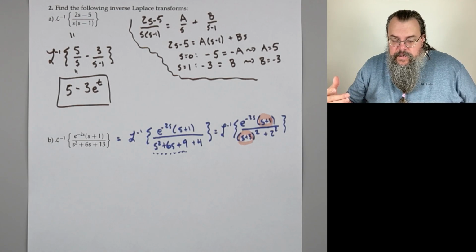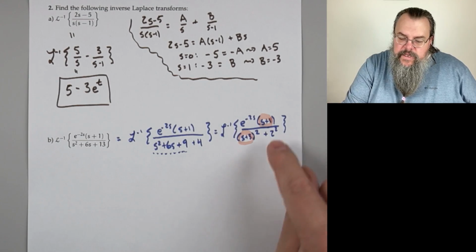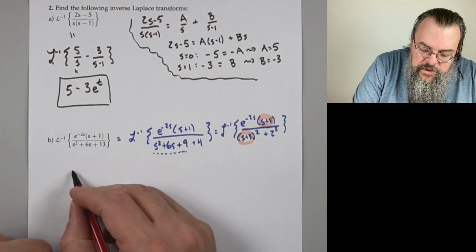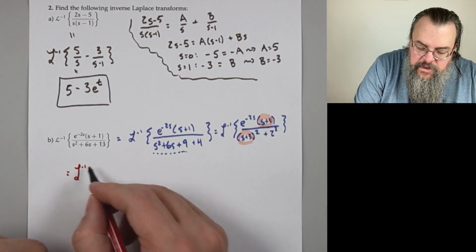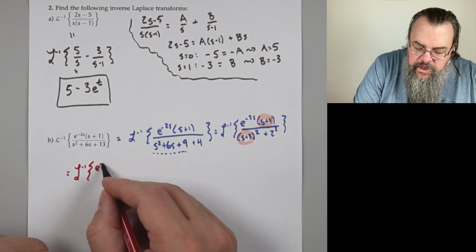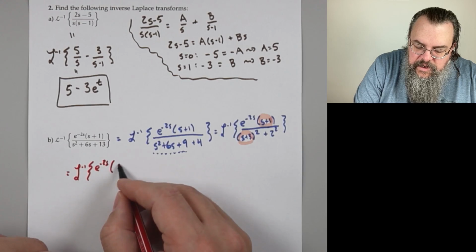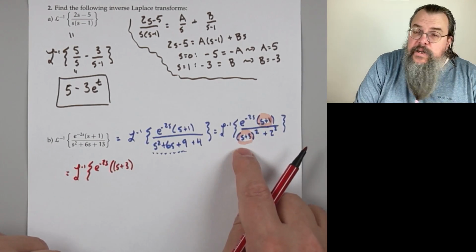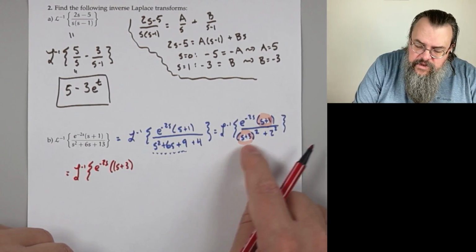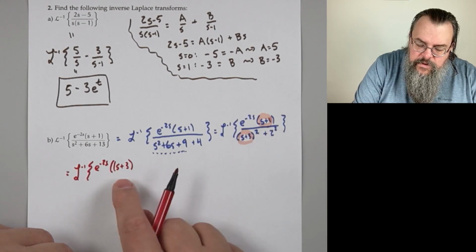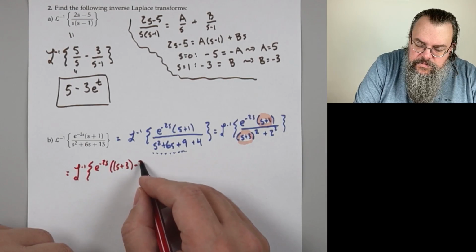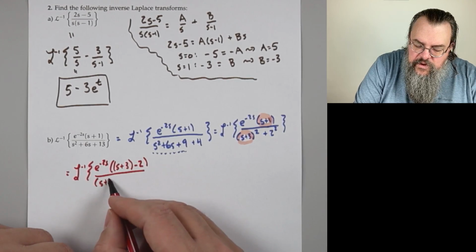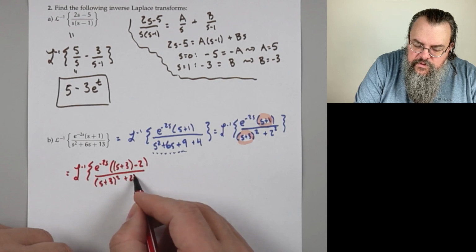If I want to make an s plus 1 look like an s plus 3, we can write this as s plus 3. Now it definitely looks like that, but it's not the same. That's okay. We just ask what we need to do. Well, s plus 3, we should subtract 2. And then we have an (s plus 3) squared plus 2 squared.